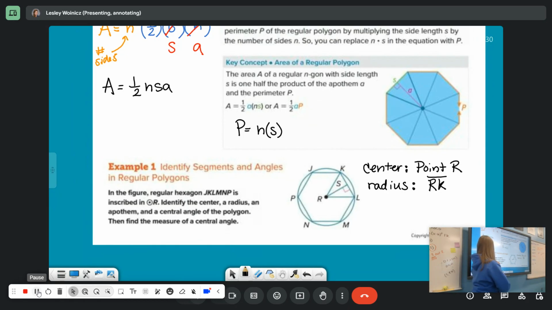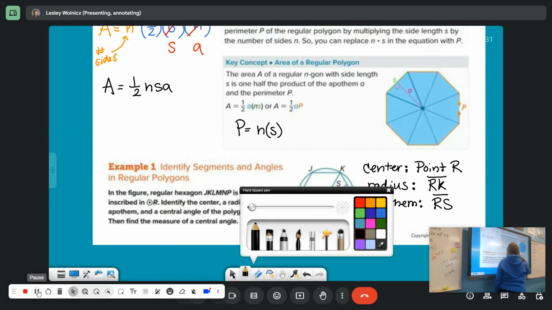We need to identify an apothem. Say an RS. And then we need to find the measure of the central angle.